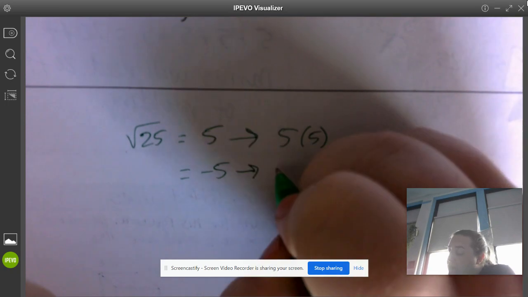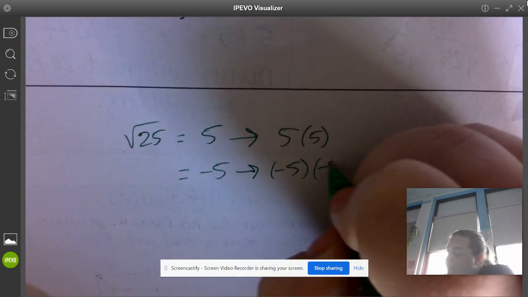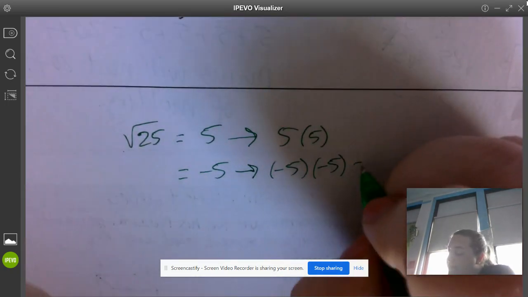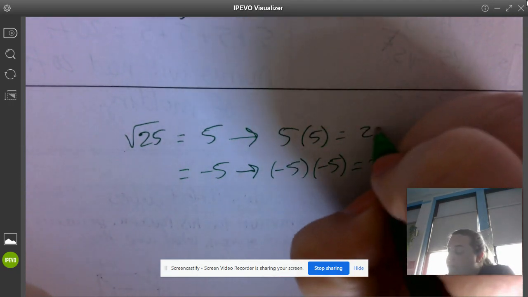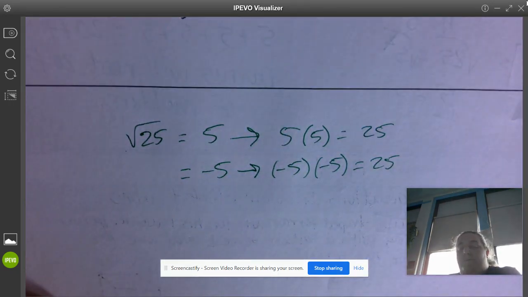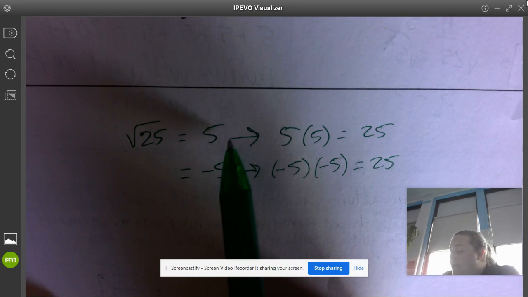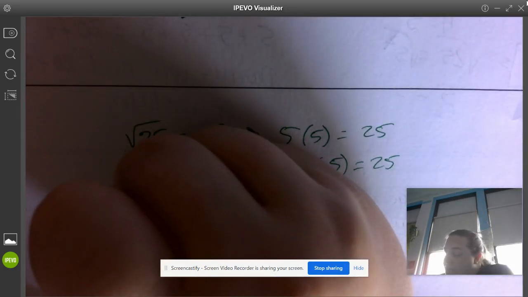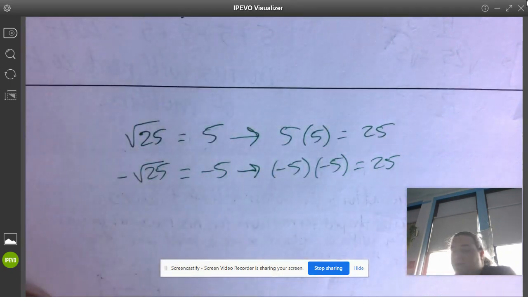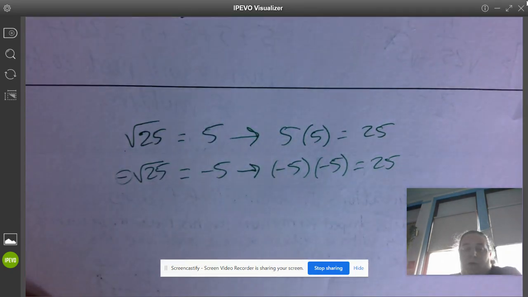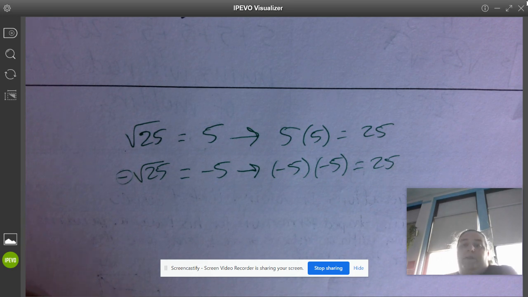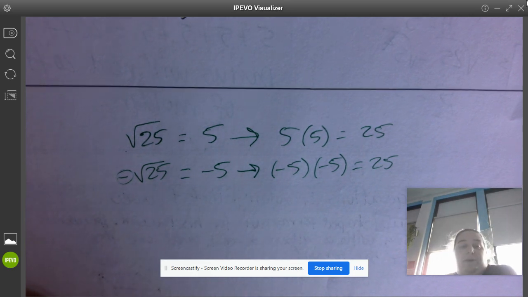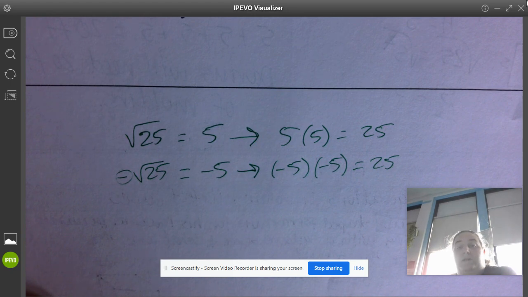Using the same logic as before, if I multiply negative 5 and negative 5 by itself, I do get 25. Now, in most problems, especially real world problems, we only talk about the positive answer. And if they wanted you to give the negative answer, they typically put a negative sign out front. Okay. But for every square root, perfect square root, or even imperfect square root, they technically have two square roots, positive or negative.